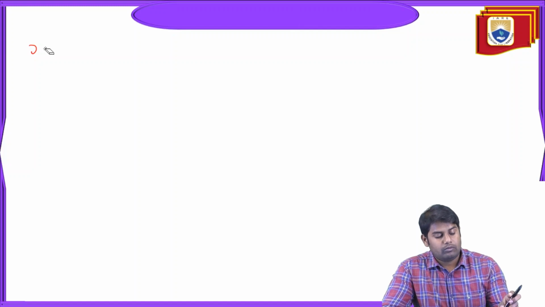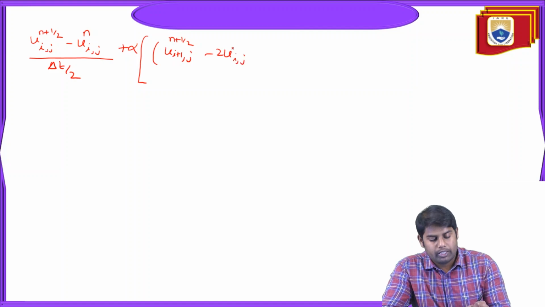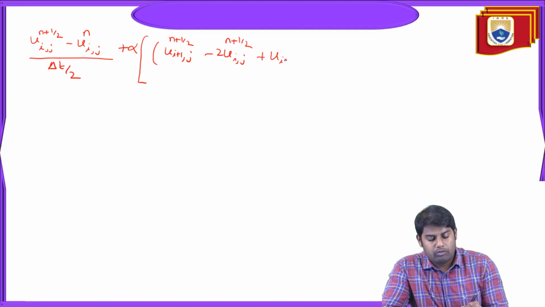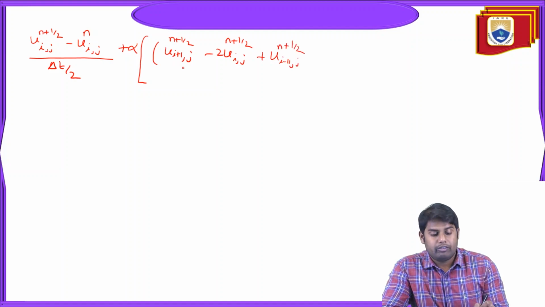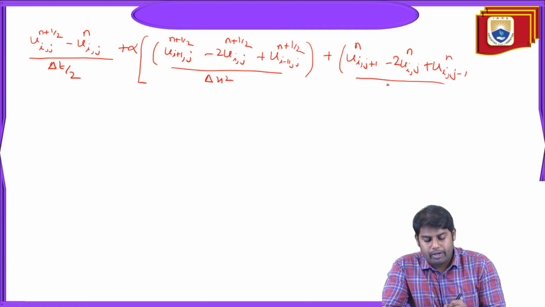Which is u of i, j to the power of n plus half minus u of i, j to the power of n, divided by delta t by 2, plus alpha into u of i plus 1, j to the power of n plus half minus 2u of i, j to the power of n plus half plus u of i minus 1, j to the power of n plus half, divided by delta x square, plus u of i, j plus 1 to the power of n minus 2u of i, j to the power of n plus u of i, j minus 1 to the power of n, divided by delta y square.